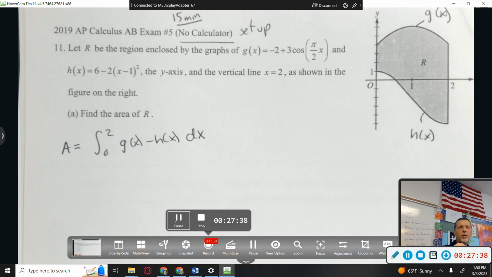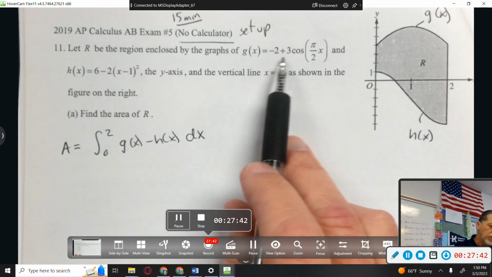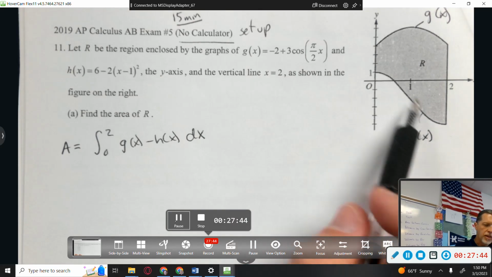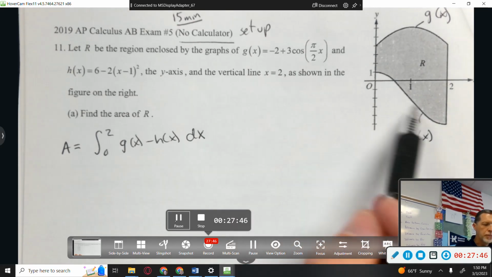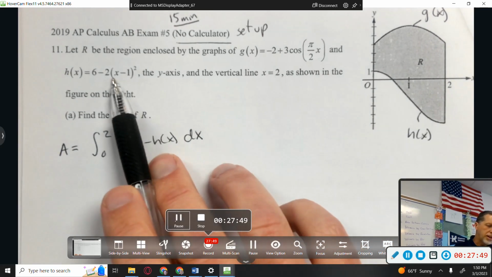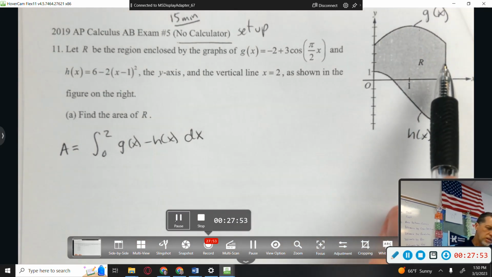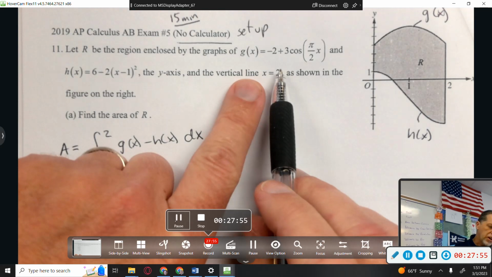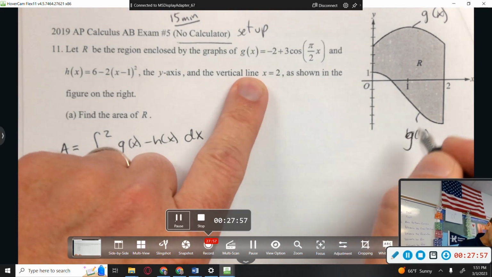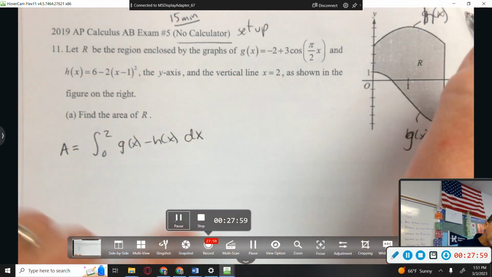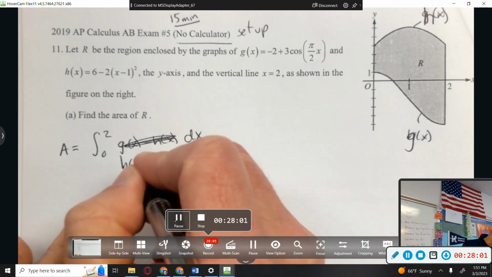Minus g, is that the question? So g is the one with a cosine in it. H is an upside down parabola, so that's got to be that one. Wait, did I label those wrong? G is the cosine, so that's g. So it's h minus g. You were right to question me.